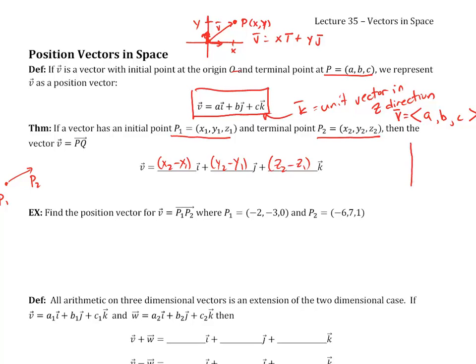I'll draw a small picture to illustrate this point. Let's say we've got a point P1 over here that's somewhere above there, and let's say P2 is somewhere back over in this direction. So this point is closer than this point, and we've got a vector that goes back to that point right there. Let's say the coordinates of this point are x1, y1, z1, and this one is x2, y2.